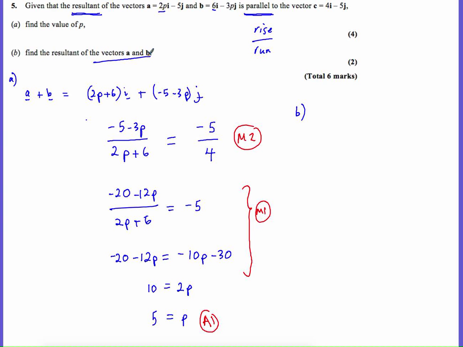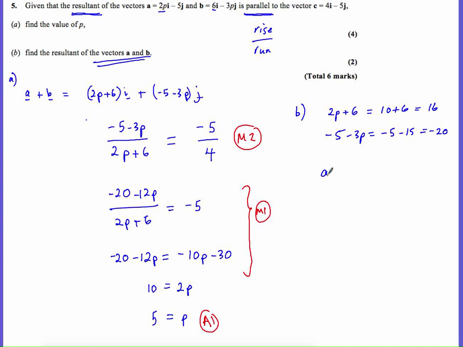Find the resultant of vectors A and B. Well, now you know what p is. You're just sticking p in here and in here and working that out. So p is 5, 2p plus 6 is going to be 10 plus 6. I'm sure most of you can do that. 16. And in the other one, minus 5 minus 3p, it's going to be minus 5 minus 15, minus 20.